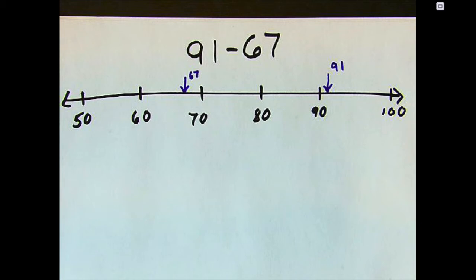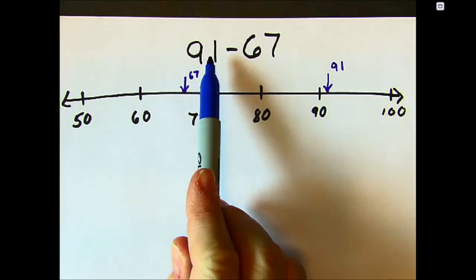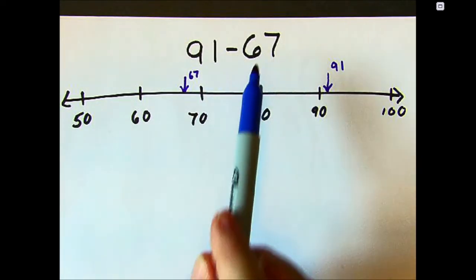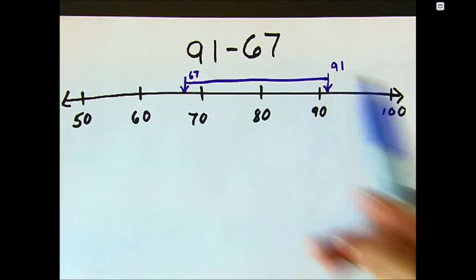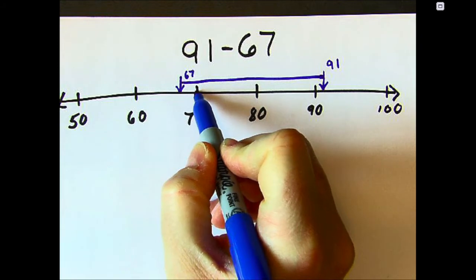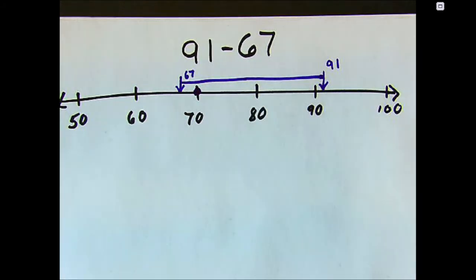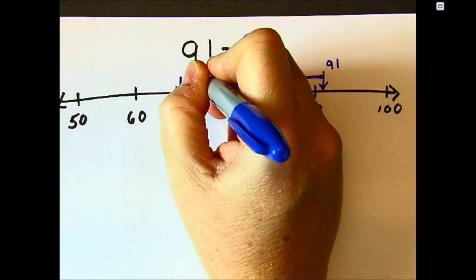So let's take a look at what this looks like with larger numbers. So in the example of 91 subtract 67, we are looking for the distance between 67 and 91. These are tough numbers to work with mentally. So wouldn't it be nice if we could just bump that 67 up to 70, make it a nice round 10?